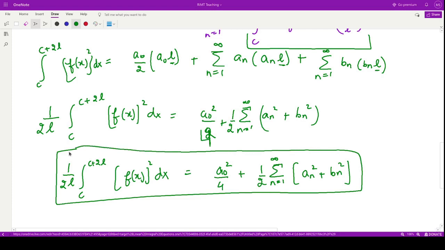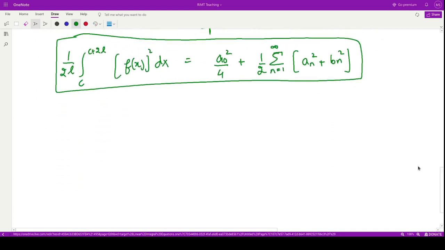Now we have proved this for an arbitrary function which is defined in an arbitrary interval of arbitrary period. So now let me discuss some particular cases. Whenever you see these particular cases, you could directly apply this result without going into the general expression. However, this expression should be familiar to you, right?